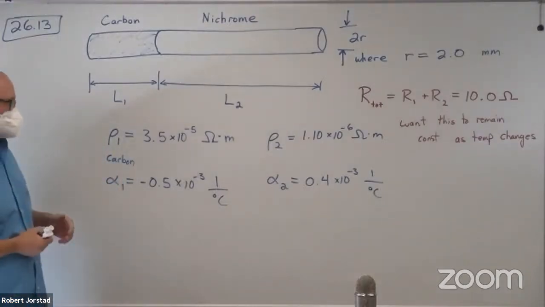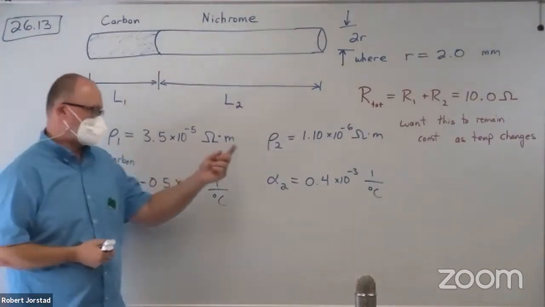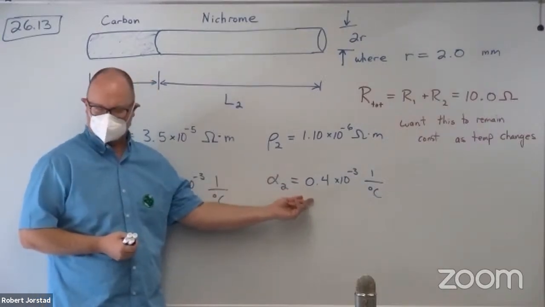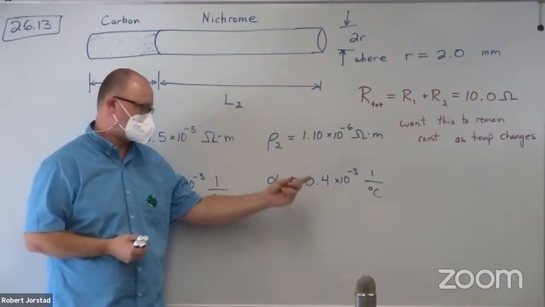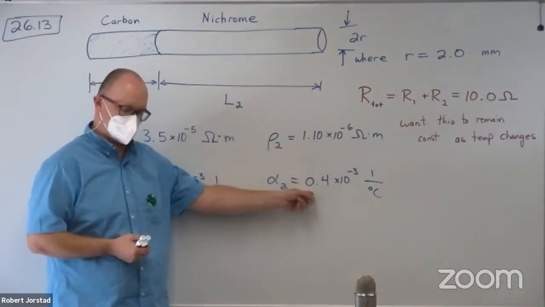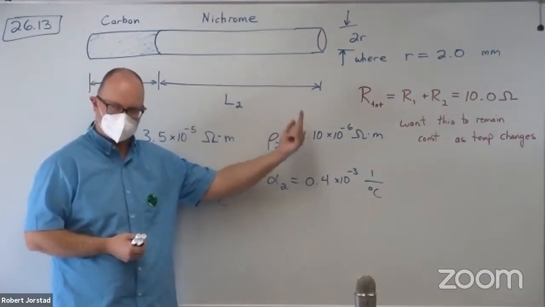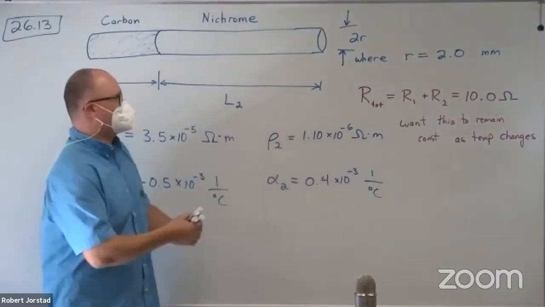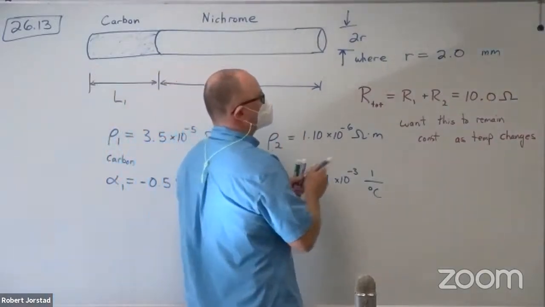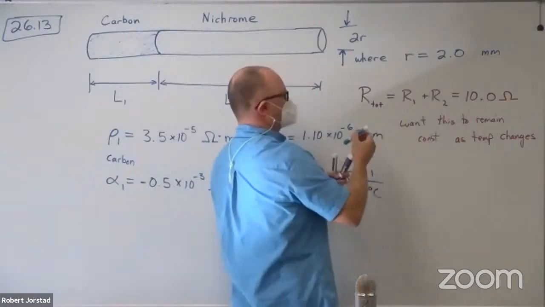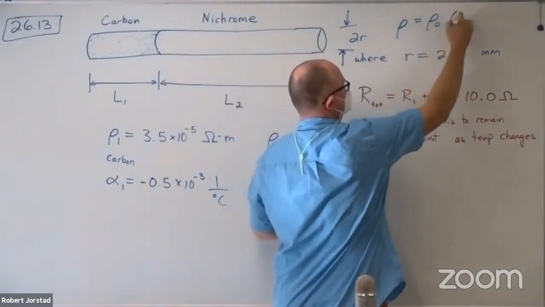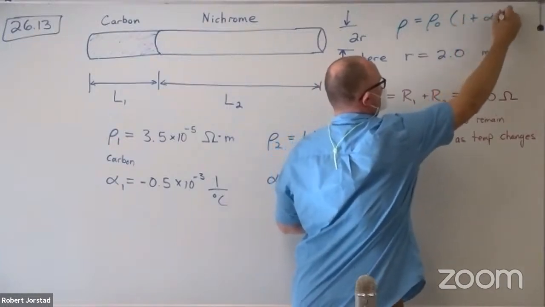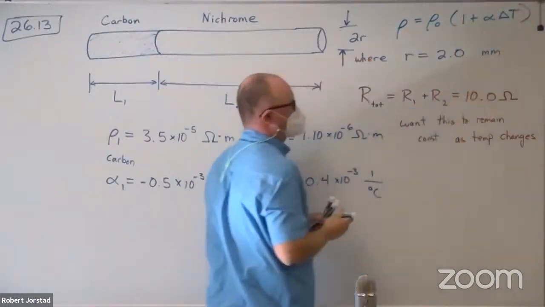If the wire is made out of metal with a positive value of alpha, as temperature goes up, what happens to resistance? It goes up. Remember, what was the equation? The equation for resistivity as a function of temperature was rho naught times 1 plus alpha delta T. Look at the equation.